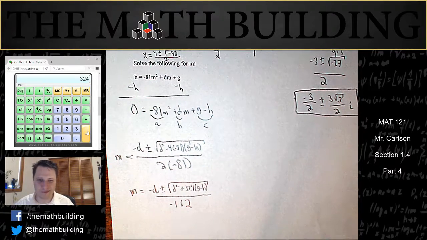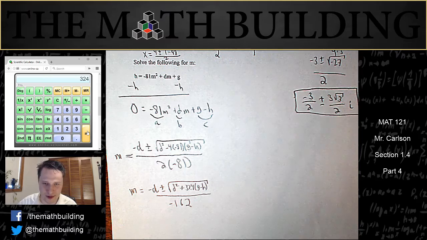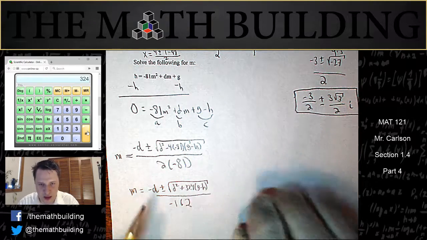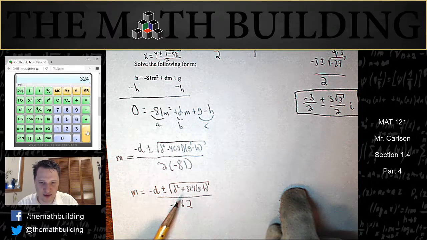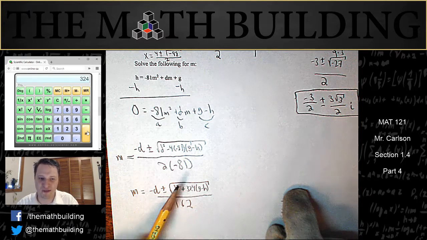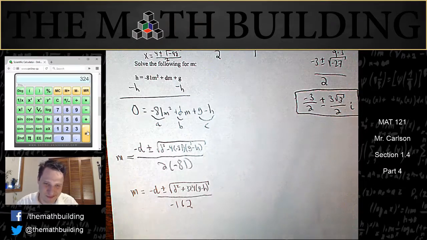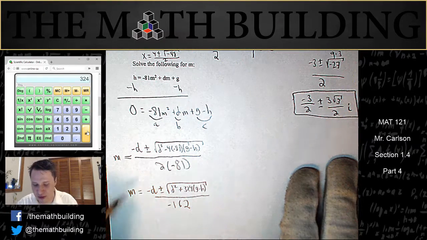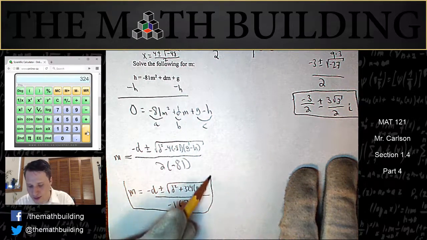So there you go. I'm not really sure how much more you could do to simplify this. You could break it up and put them both over the negative. You could do distributive property here and get 324g minus 324h. I don't really think that simplifies it much, so I think you can probably stop right there.